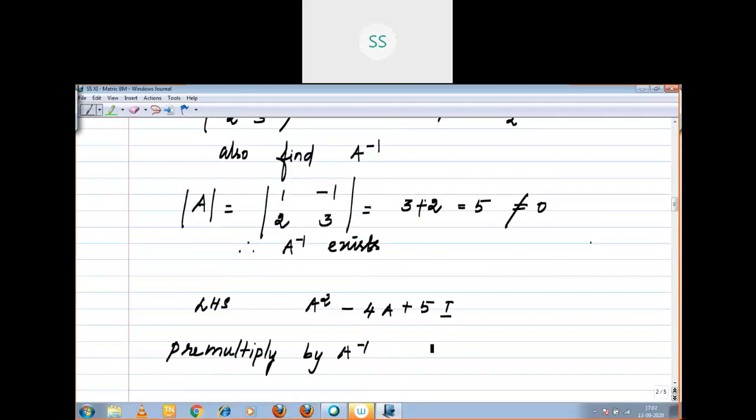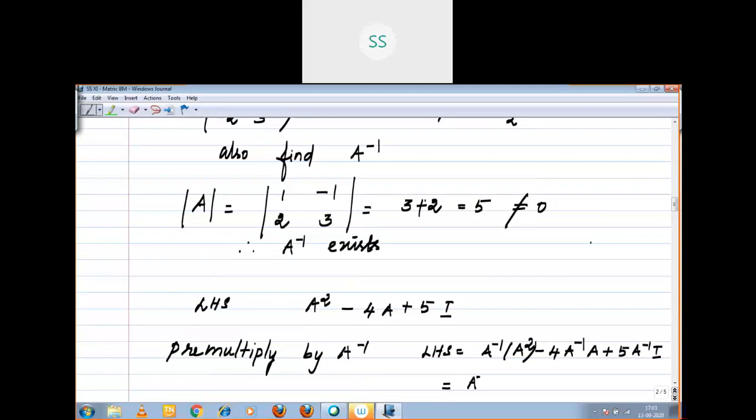Got it? Now what can I get? LHS equal to A inverse into A square minus 4 into A inverse into A plus 5 into A inverse into I.